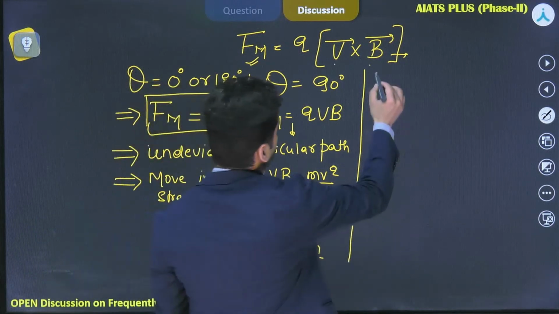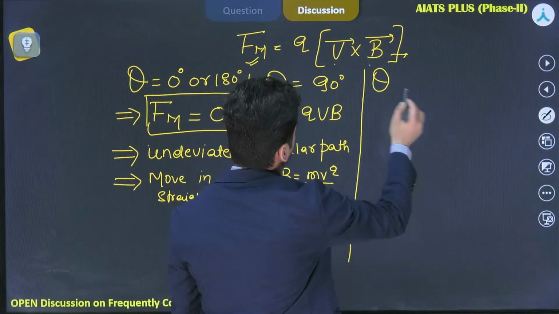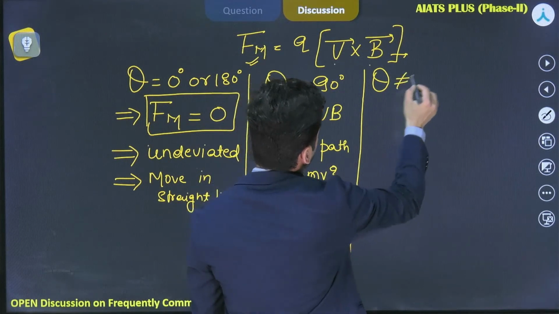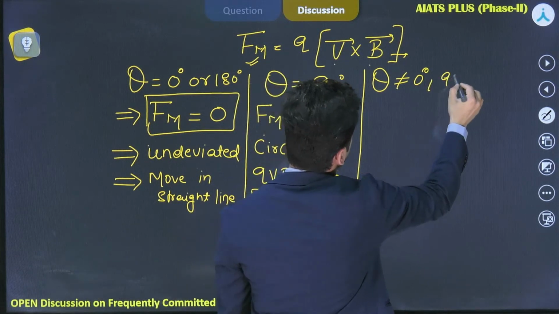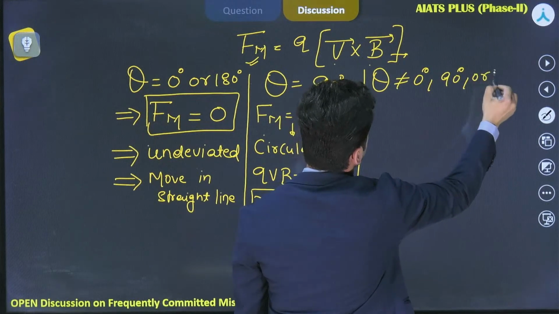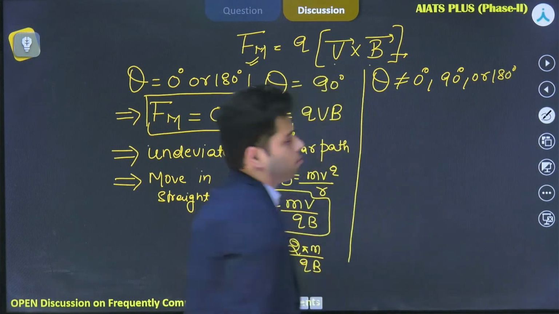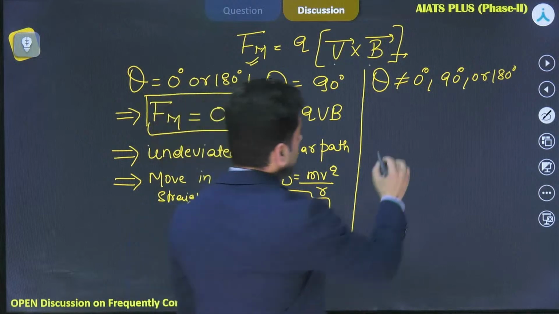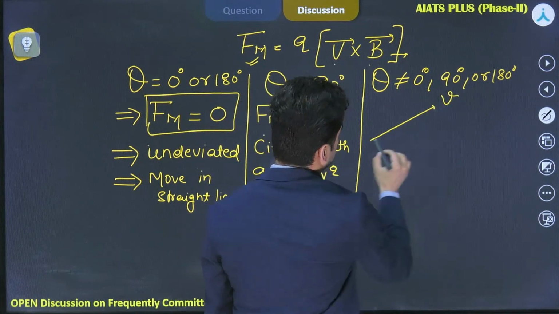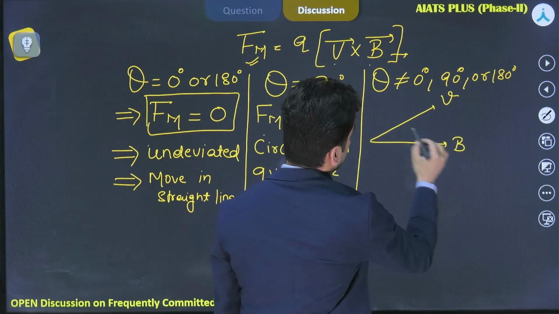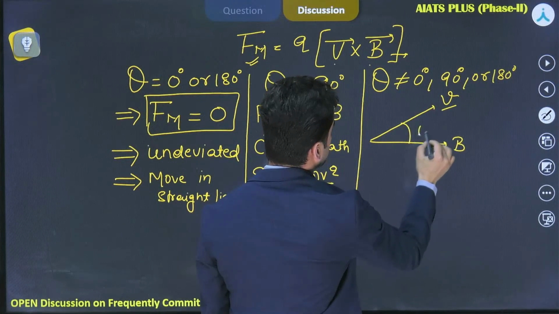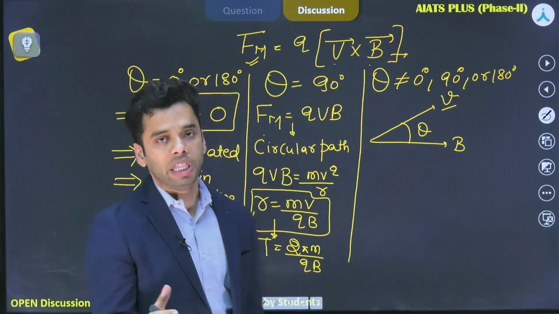Now, what is the third case? Theta is not equal to 0, 90 degrees or 180 degrees. Right? In that case, let me assume that this is V and this is B. So the particle is entering a magnetic field where its velocity makes an angle of theta with the magnetic field.